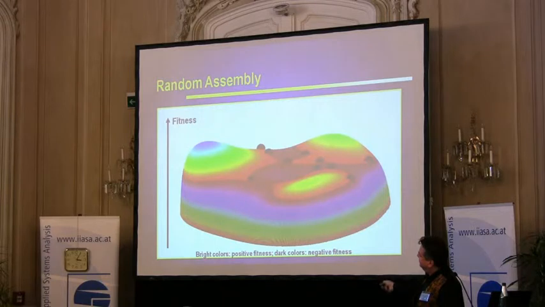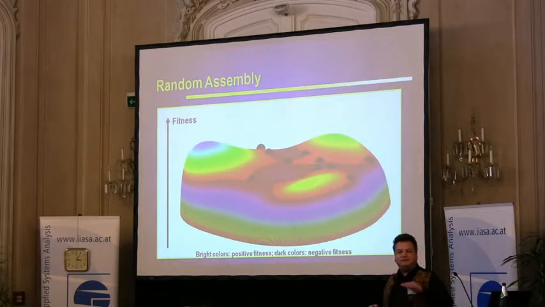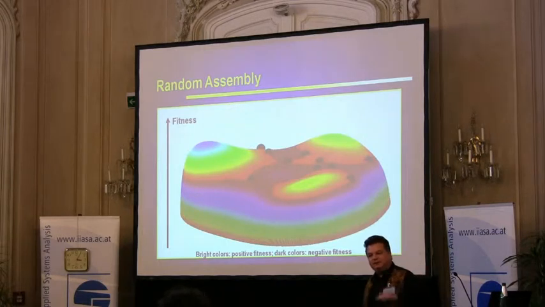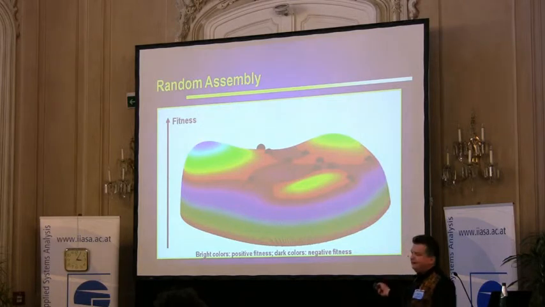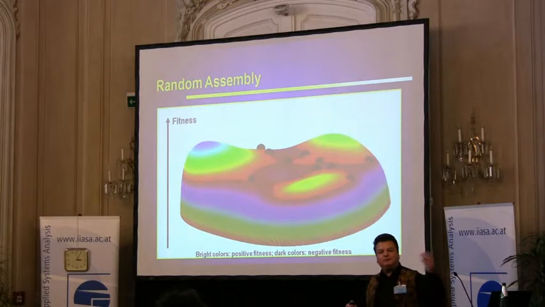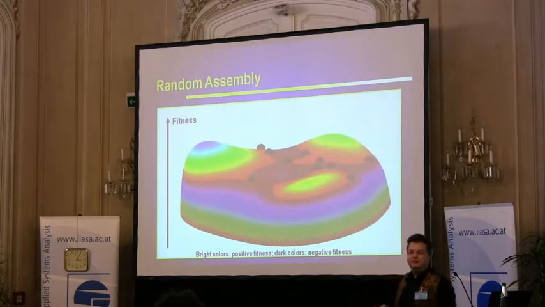Fitness is vertical. The dark shades are negative fitness. The light shades are positive fitness. So all remaining species are sitting on the shoreline because they are stable. They are neither shrinking nor increasing. And nevertheless, we have peaks, unexploited peaks of the fitness landscape where with further immigration, colonization could occur.